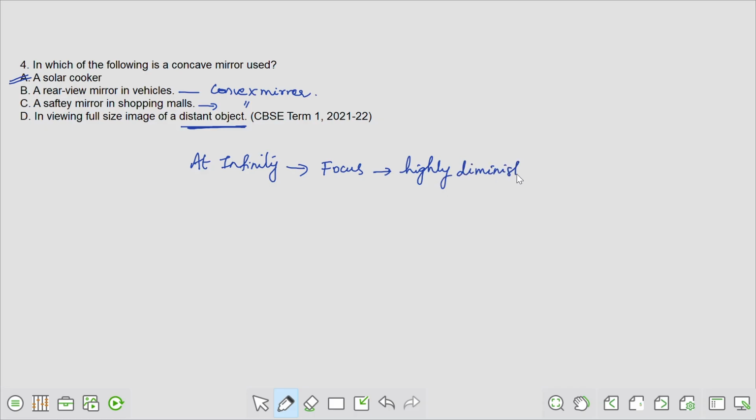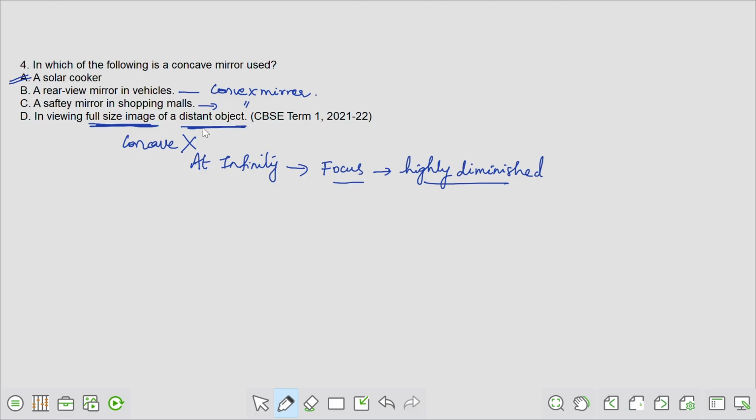So this can be formed by both the mirrors, concave as well as convex. But in order to see the full size image of the object, we cannot use a concave mirror. Even though a concave mirror forms a highly diminished image at the focus, it will not give you the full size image of the object which is very far, because of its shape.